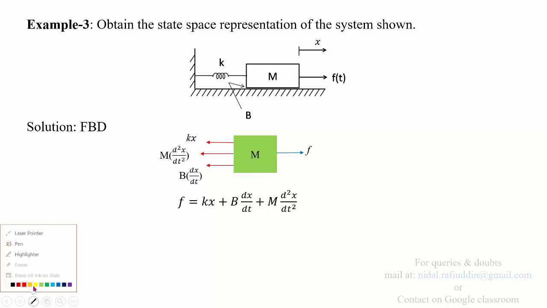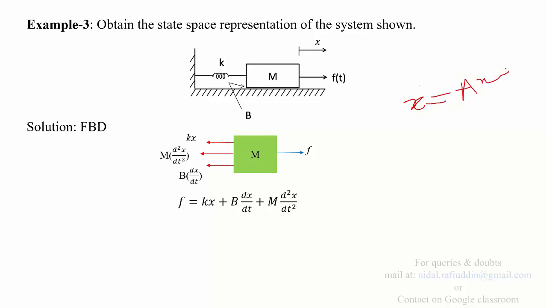So it's not good to write x dot equal to ax plus bu for this particular example, because you have already assigned x as the output, or the displacement here. So instead of obtaining state variables in terms of x, we'll assign other nomenclature, like small a, or small b, or any other terms you like, but these should be different from the variables already used in the example or problem.